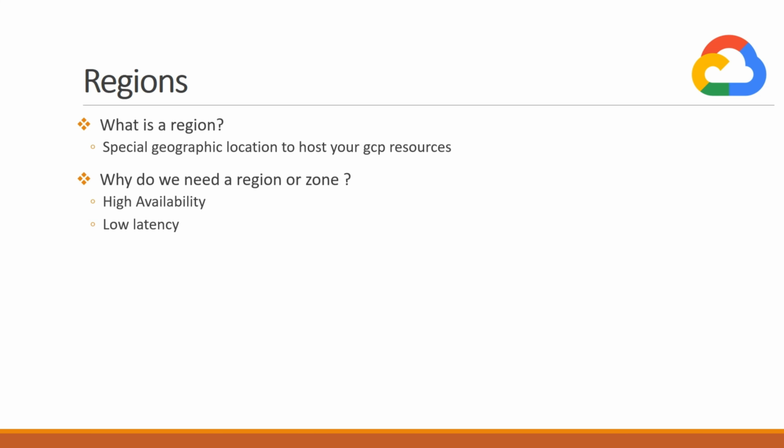Low latency. What is latency? Basically, latency is nothing but a lag on our website. Suppose we are going to visit a website and there is a lag, like if we are going from one page to another page, it is taking more time, so that's latency. There is a high latency over there.